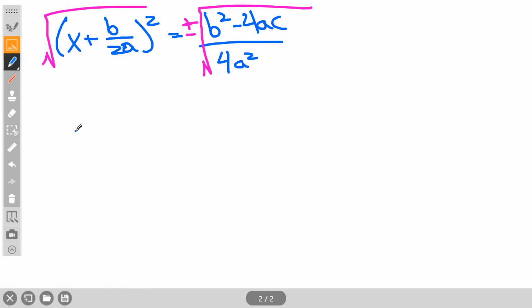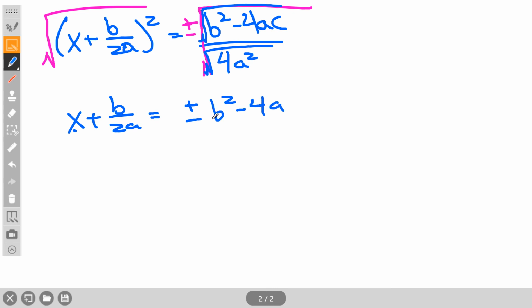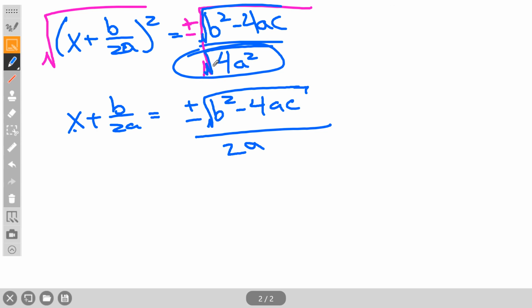So the left side becomes x plus b over 2a, and the right side is plus or minus, and I'm going to split this square root symbol to the numerator and the denominator, because I can find the square root of the denominator. So the numerator is plus or minus the square root of b squared minus 4ac. The denominator, the square root of 4 is 2, and the square root of a squared is a. So this denominator simplifies to 2a if I take the square root of it.